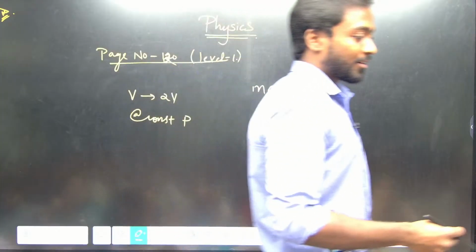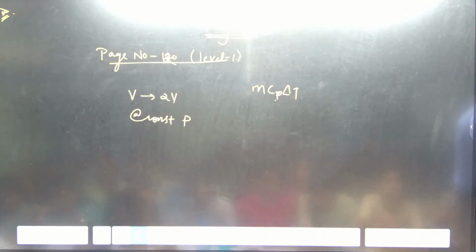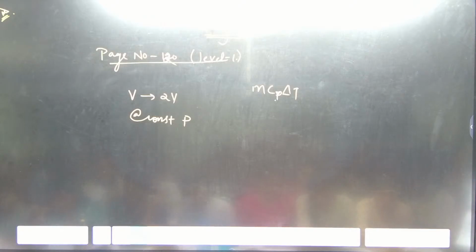Once you open the notes and the textbook and refer, what is the thing? Pressure is constant, Cp. So m Cp delta T. Now what about Cp in terms of the real gas constant R? R gamma minus 1. Okay.